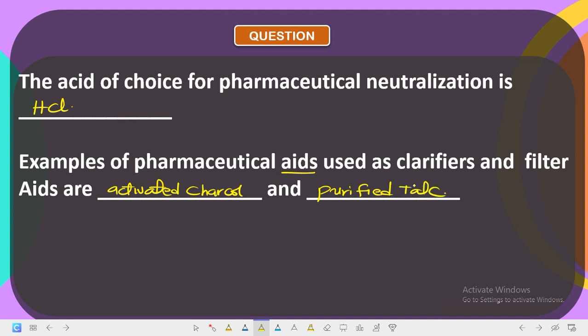These are the pharmaceutical aids used as clarifiers and filter aids.